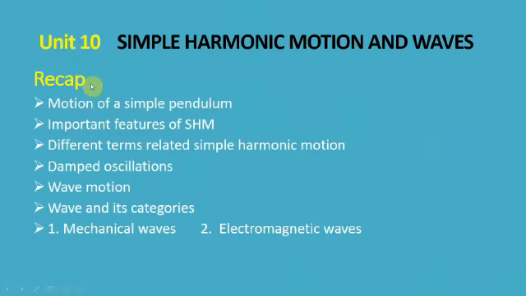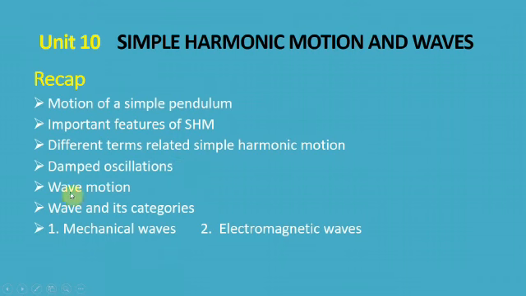First of all, we have a short recap. In the previous lecture, you studied the motion of a simple pendulum, and we proved that a pendulum executes simple harmonic motion. Then we discussed important features of simple harmonic motion, different terms related to it, and damped oscillation, the vibratory motion under the influence of some resistive force.